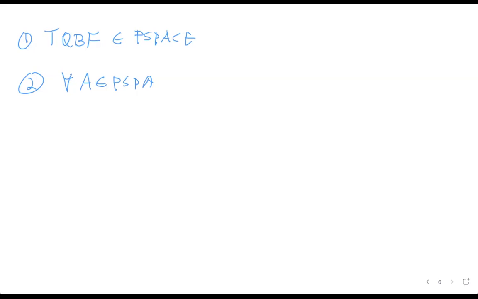For some reason the server is slow, so the handwriting doesn't show up as fast as we would hope. So for A in PSPACE, we have A is many-one reducible in polynomial time to TQBF.